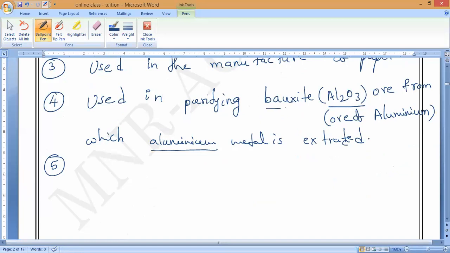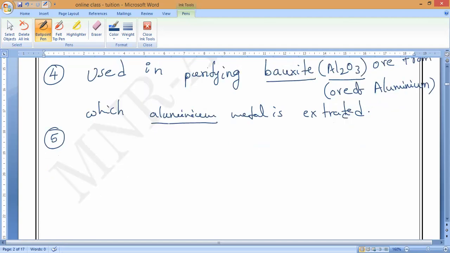This is what we call bauxite. So in the purification of aluminium from aluminium oxide, we will use sodium hydroxide. Getting aluminium from aluminium oxide, one of the purifying materials is sodium hydroxide. Are you clear, Varshini? Yes, sir.